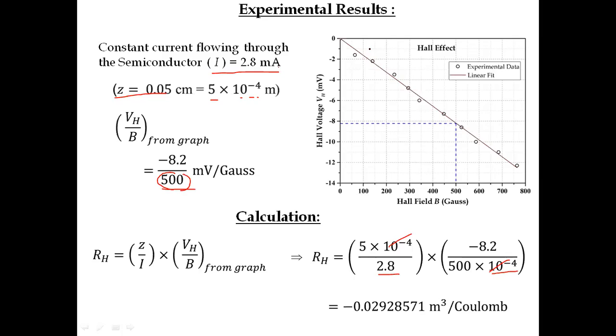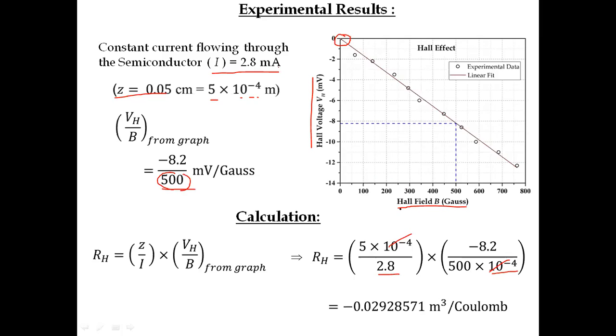But keep it in mind that in this case, the graph must pass through the origin. I'm circling it. The graph must pass through the origin, because you see this is the magnetic field that you are applying on the x-axis, and on the y-axis you are getting a Hall voltage.